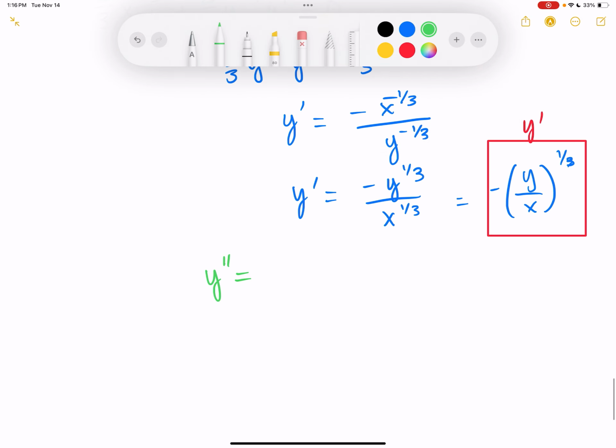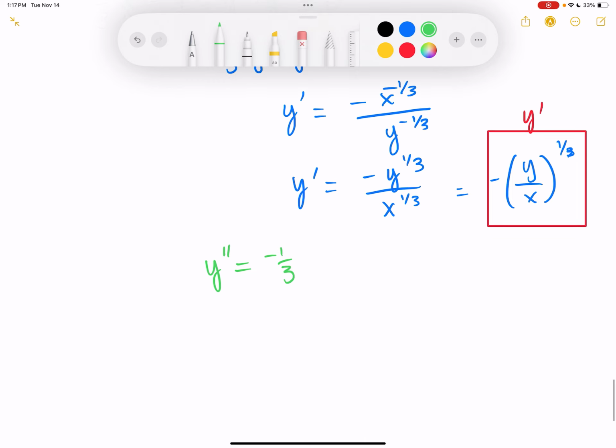All right, so chain rule would say I bring the 1/3 out front, so I have negative 1/3 times everything inside, so y over x raised to the negative 2/3, because I subtracted 1. Now I'm going to run my quotient rule.